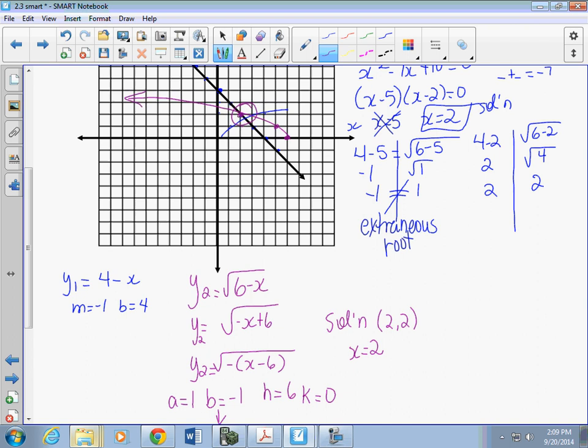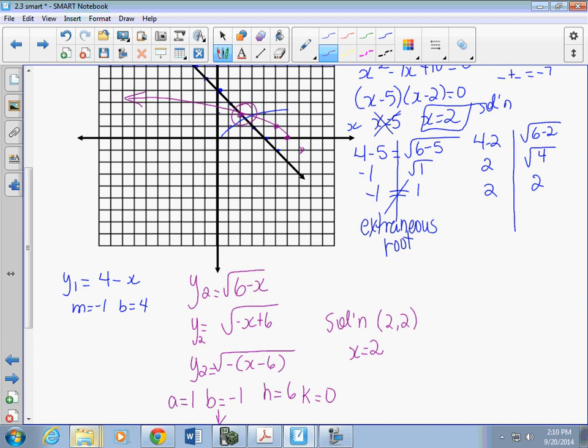Okay, and my extraneous root, if I think of it on this graph, that point 5, if I had substituted 5 into there in my solution, I would have been moved over, and I'd be down here in those negative spots. So that's why I can't use that value of 5.